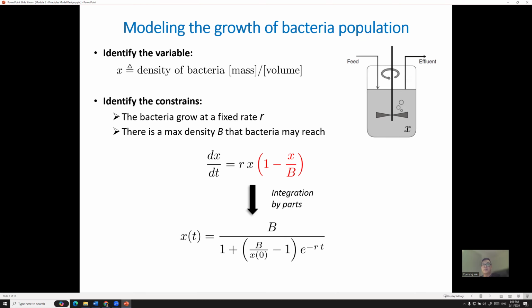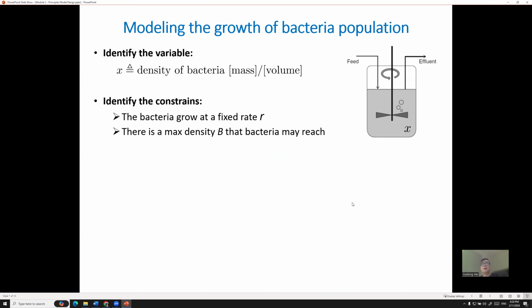So let's call S the extraction rate of the biomass. That's called S. So we identify a new constraint, which is that the microbial biomass is extracted at a fixed rate S in order to keep the volume inside the chamber constant.